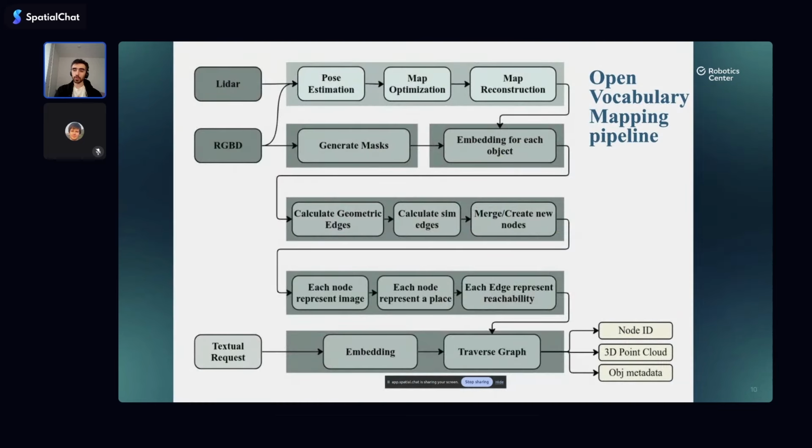So I will give a broad representation of what an open vocabulary mapping pipeline might consist of. As we have seen, we need a set of poses and RGBD information. Of course, we can have, for example, LiDAR to provide a point cloud. We can have RGBD, and we can have some SLAM, structure from motion, or lidar odometry solution to provide the poses. In most of the works, we actually use ground truth poses, or we assume that we already have the poses.